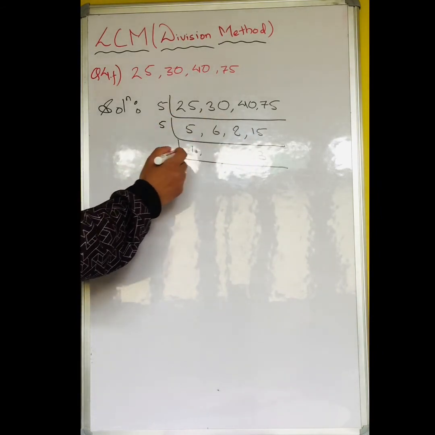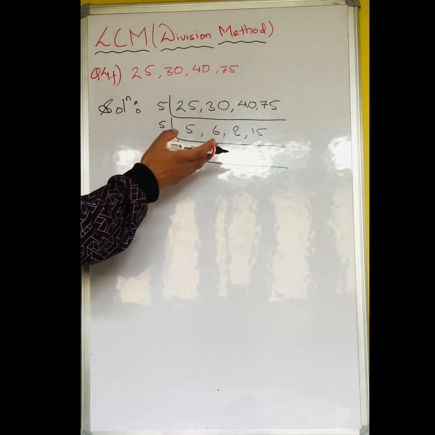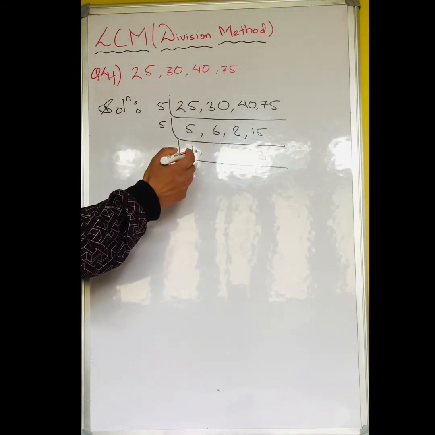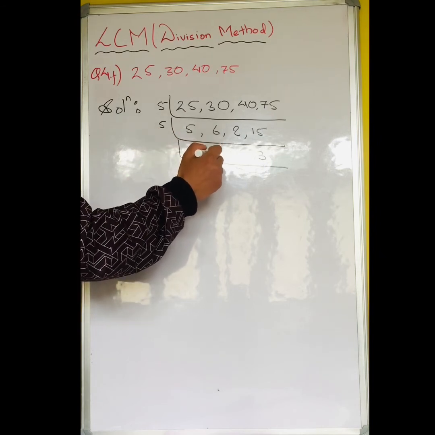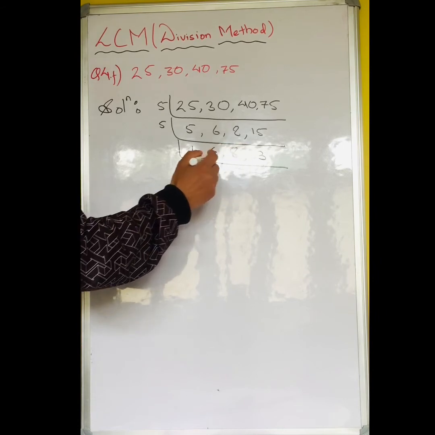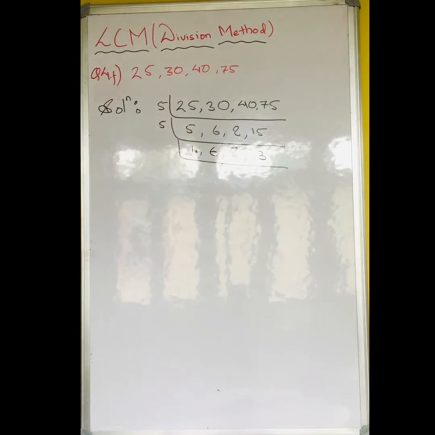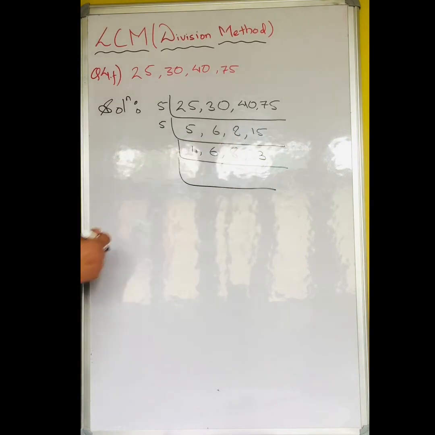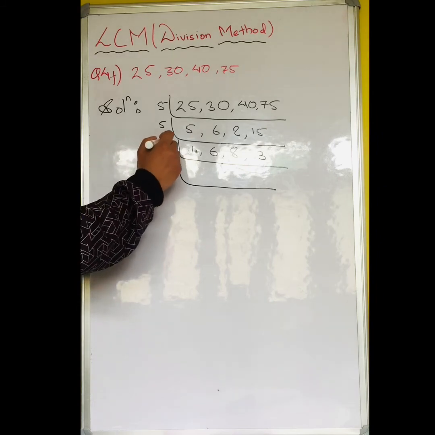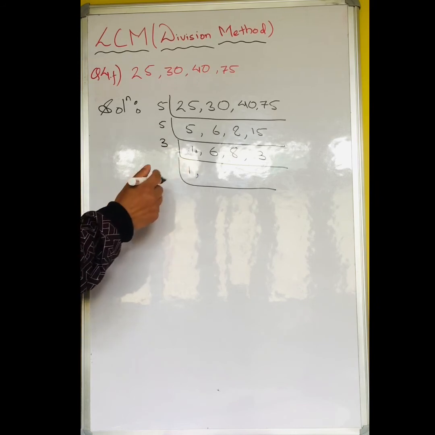They get carried over to the next step, so 6 will remain as 6 and 8 will remain as 8. Now these numbers can be divided by 2 and 3, so I'll go for 3. This 1 will also get carried over to the next step.